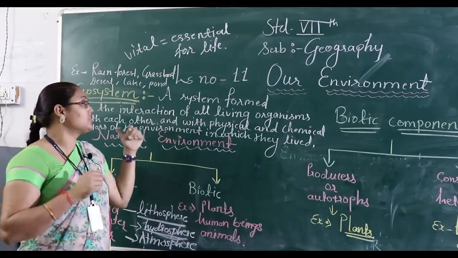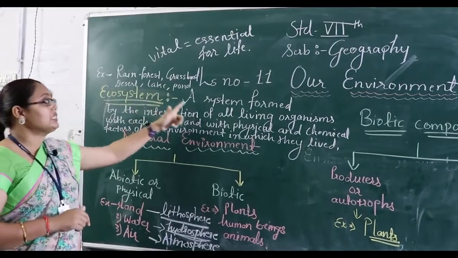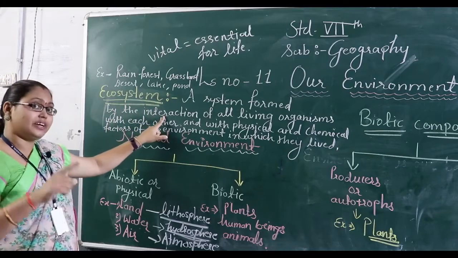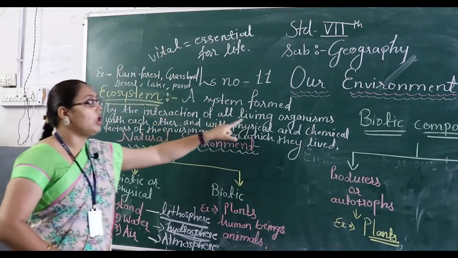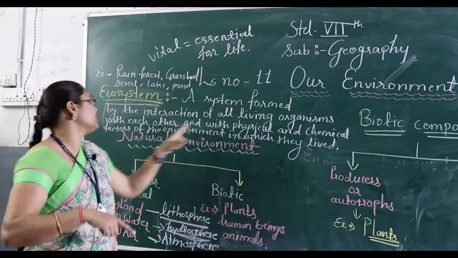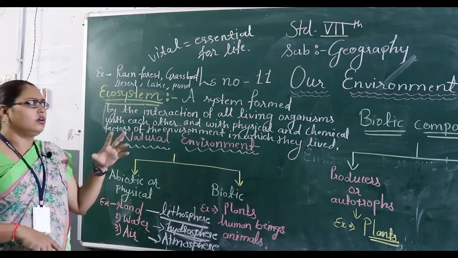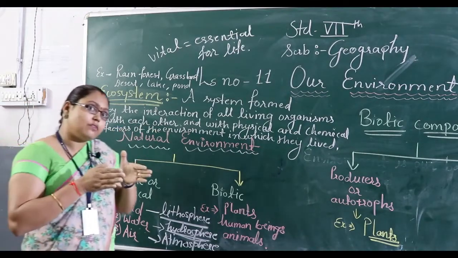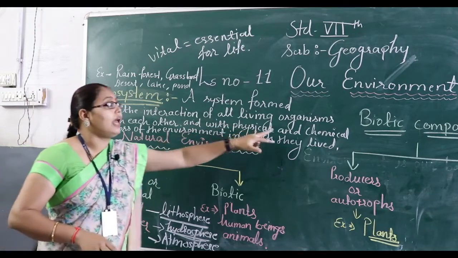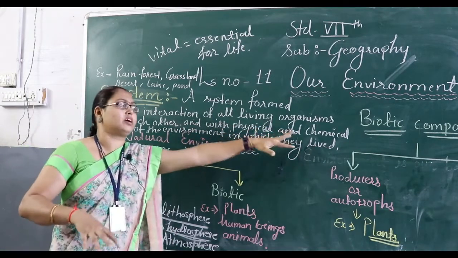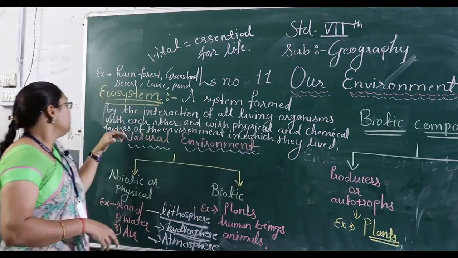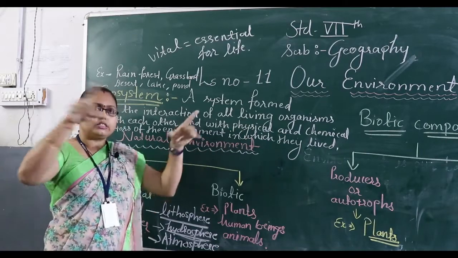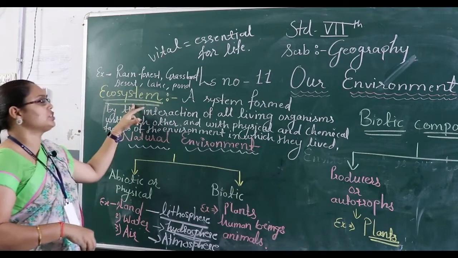An ecosystem is a system formed by the interaction, that means relation, of all living organisms like plants, animals and human beings with each other, and with the physical and chemical factors of the environment in which they live, such as food and water. This is called the ecosystem.